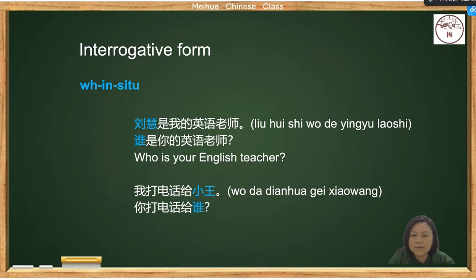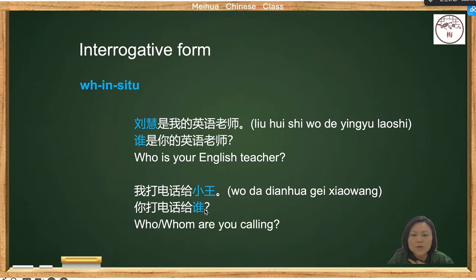Here, the sentence structure starts to become different between Chinese and English. In Chinese, as it indicates here, the interactive pronoun stays in the same place as in a declarative sentence. In a declarative sentence here, the object is at the last of sentence, right? Similarly, in the interactive sentence, we should replace the object with its corresponding interactive pronoun, which is 谁. 你打电话给谁?